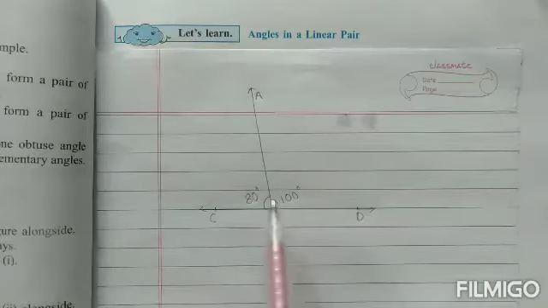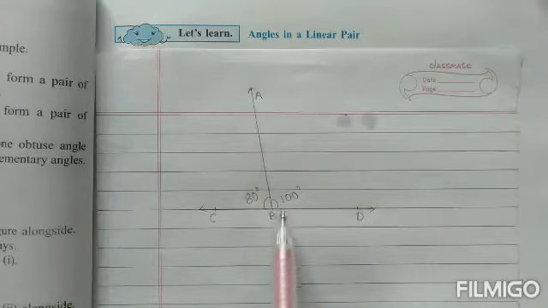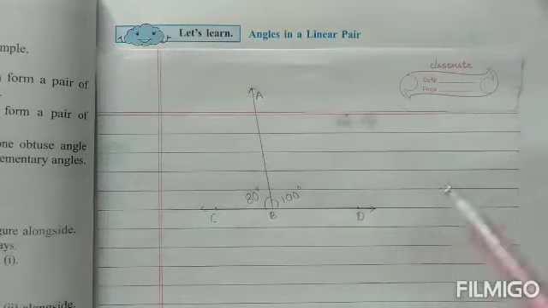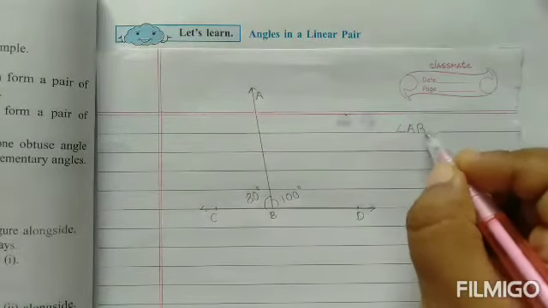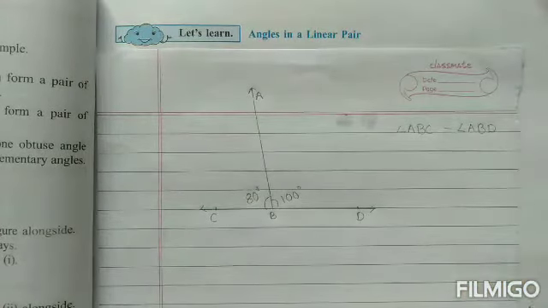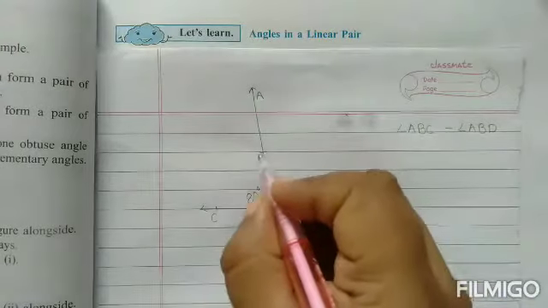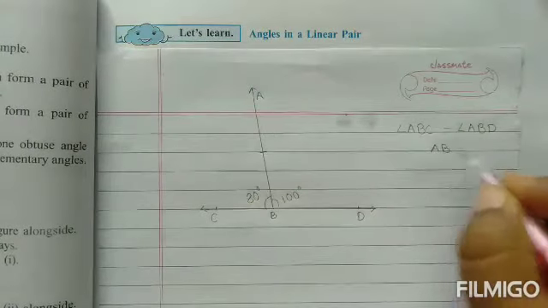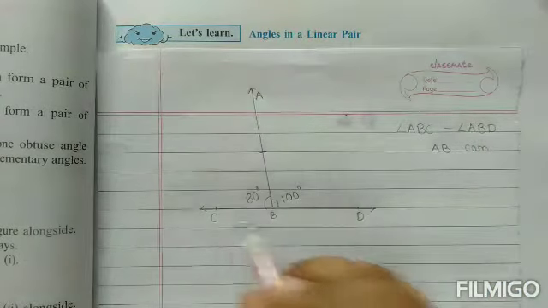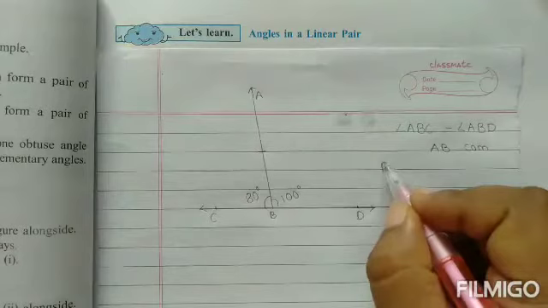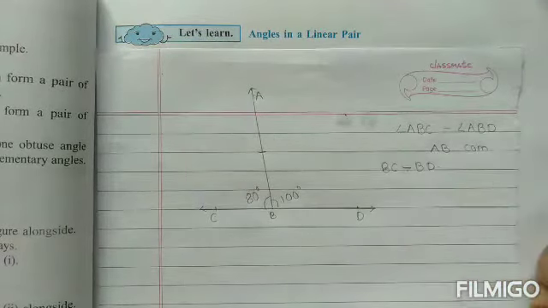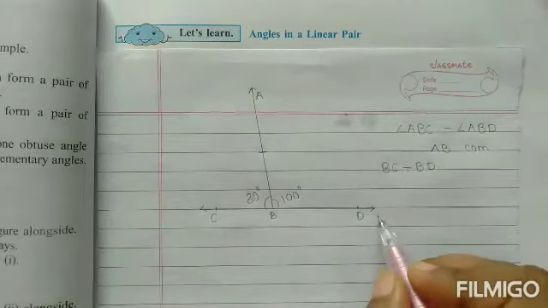Let us revise linear pair angles one more time. Observe the figure carefully. You find two angles, angle ABC and angle ABD. In that, arm AB is common. The other arms, BC and BD, are opposite rays and form a straight line.